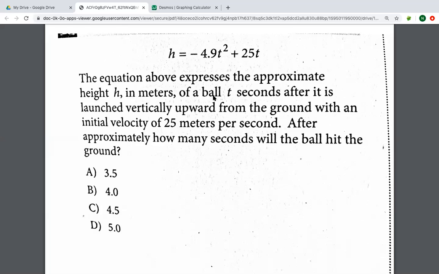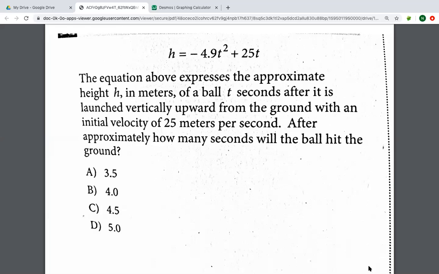What feature on a graph is it describing? I could be wrong, but is it asking for the x-intercept? That is exactly what it's looking for.